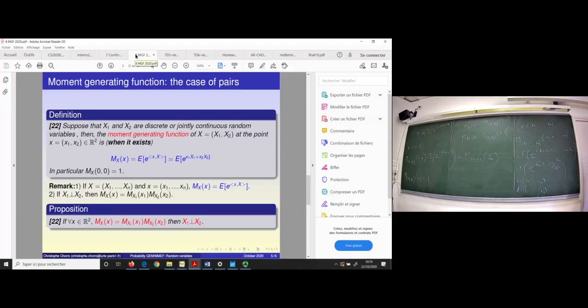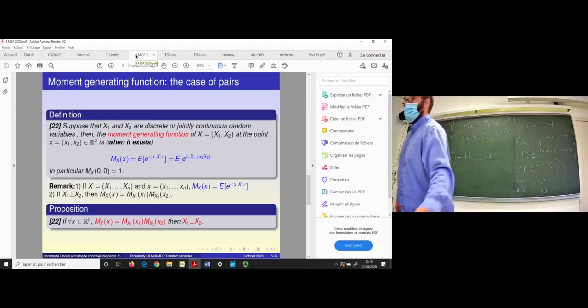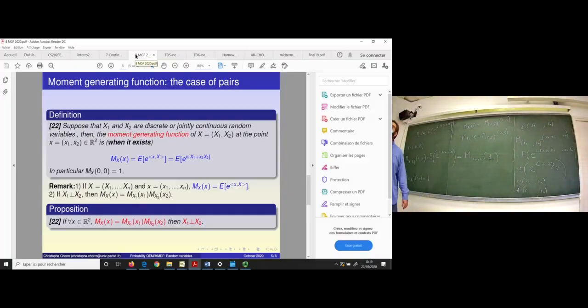In general, it's not that easy to compute this one. We are going to see in one second one case where it will be very basic to compute, but in general, it's not that simple because you have a double sum or a double integral to compute. Suppose that you are in the discrete case.